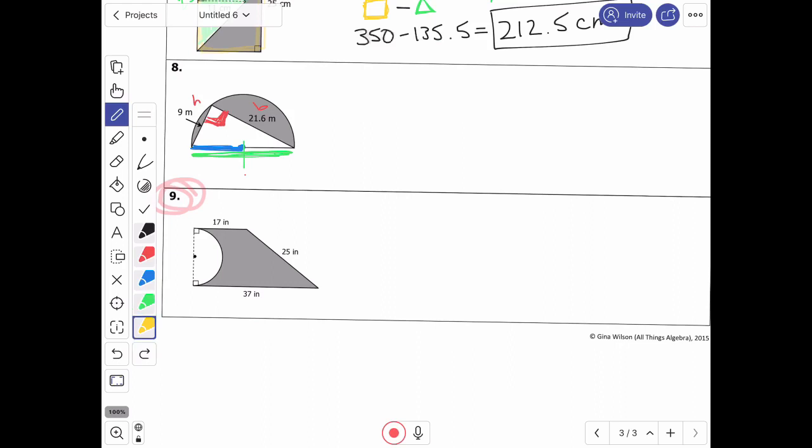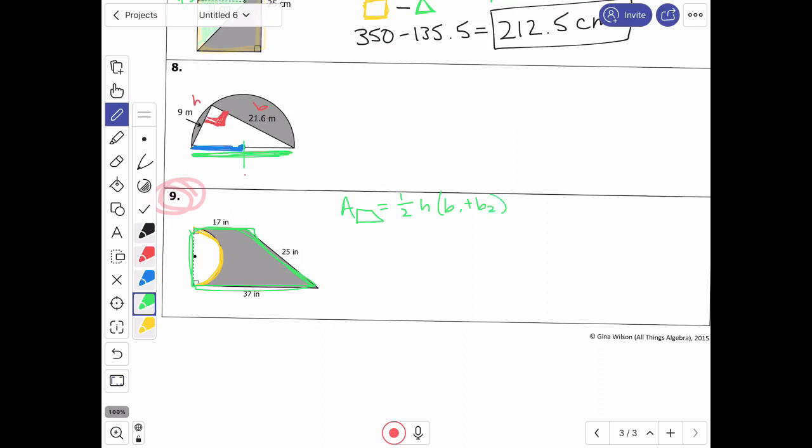Okay, so for number 9, the way we're going to look at this is I have a half circle and then I have a trapezoid. The area of a trapezoid needs the height and the bases.